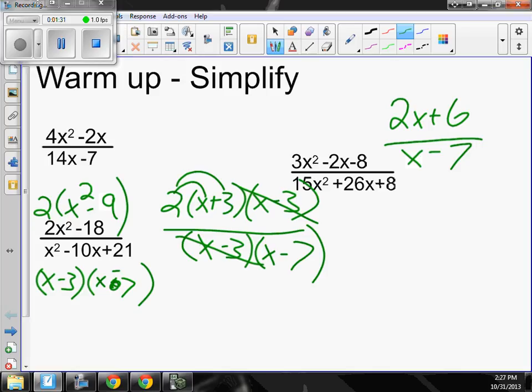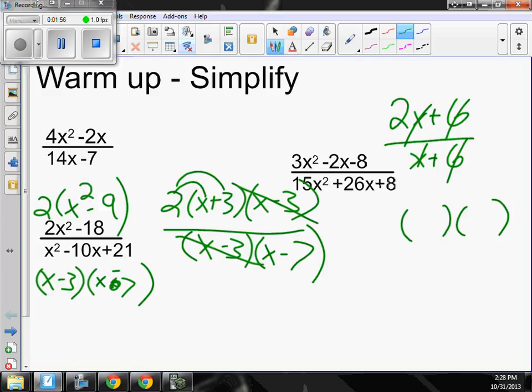All right, let me show you the most common mistake that people make. Let's say we had 2x plus 6 over x plus 6, and people get really excited, and they say, oh, 6 cancels 6, and x cancels x, and the answer is 2 over 1. Not even close. The only way you can cancel factors is if they are in factor form.